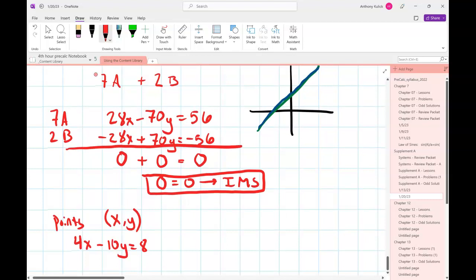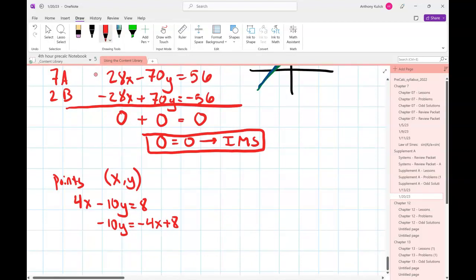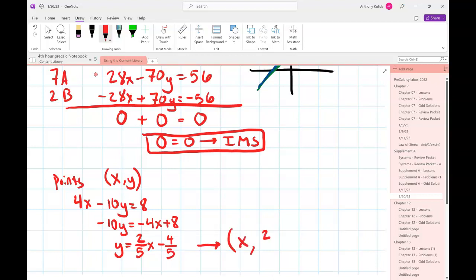Let's just take the first one, for example, and get the y by itself. So I'll subtract 4x from both sides, divide by -10, and I have this. So I can say my general solution is x comma, and instead of y, I'll just write 2/5 x minus 4/5.